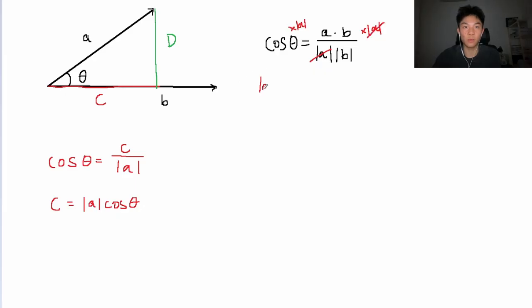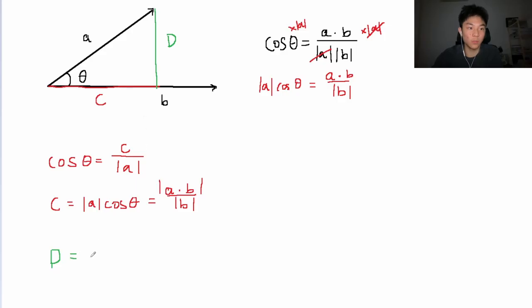So we're going to get magnitude of A times cosine theta equals A dot B over the magnitude of B. So now we can rewrite C as A dot B over the magnitude of B. And because C is a distance, we're going to put a modulus over A dot B, just so that we don't get a negative distance.